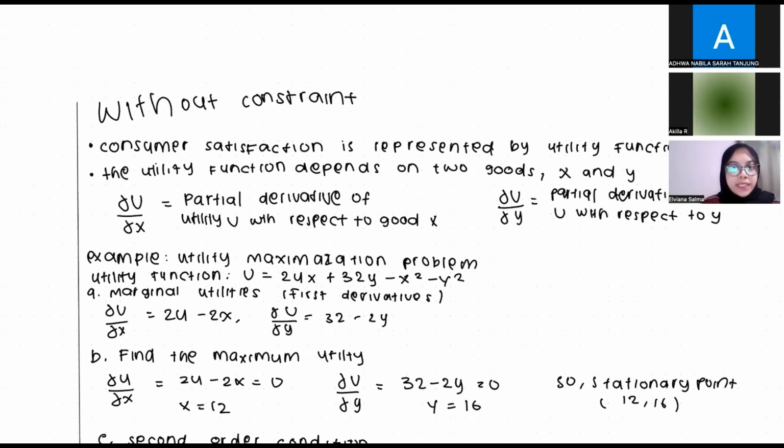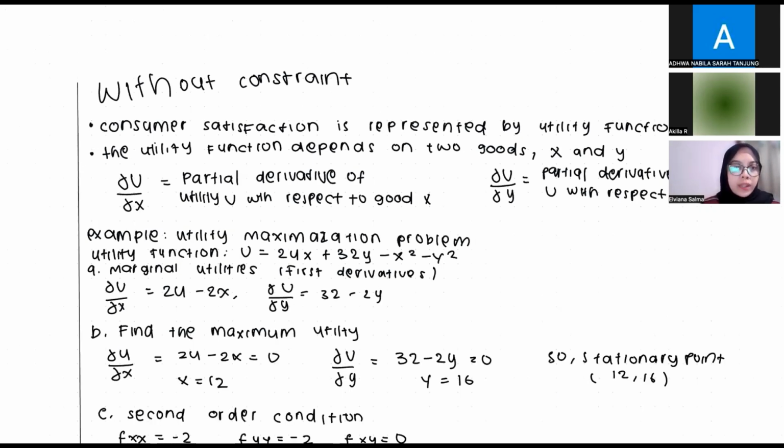In economics, consumer satisfaction is represented by a utility function usually written as U. The utility function depends on two goods, X and Y. To analyze how utility changes, we take the partial derivative. Partial U over partial X means the partial derivative of U with respect to good X, and partial U over partial Y means the partial derivative of U with respect to good Y.